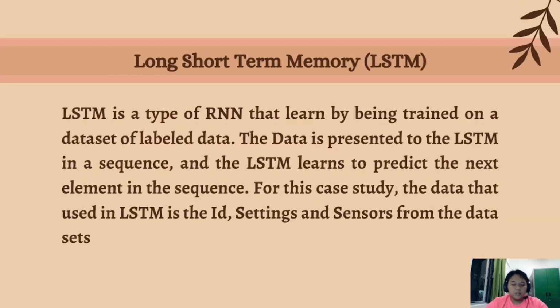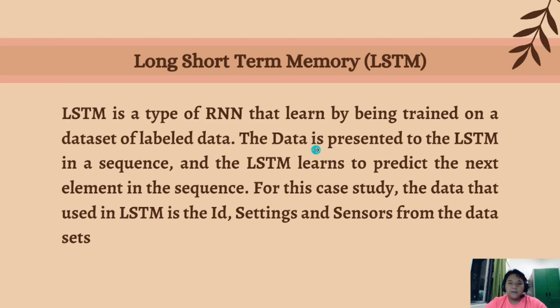In our project, we use long short-term memory, or LSTM for short, as the method for the learning and analysis process. So what is LSTM? It is a type of recurrent neural network that learns by being trained on a dataset of labeled data, so we can also call it a supervised or guided learning algorithm.